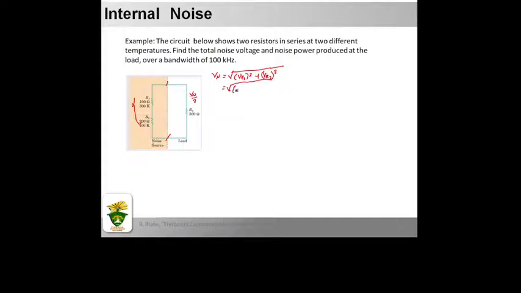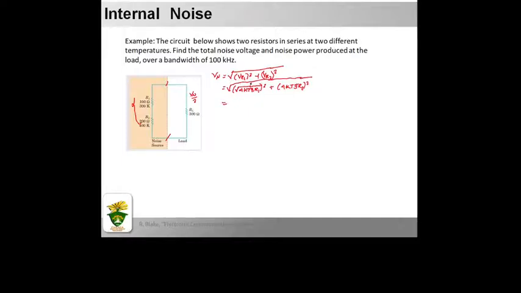So we have the square root of 4kT Vr1 squared plus 4kT Vr2 squared.